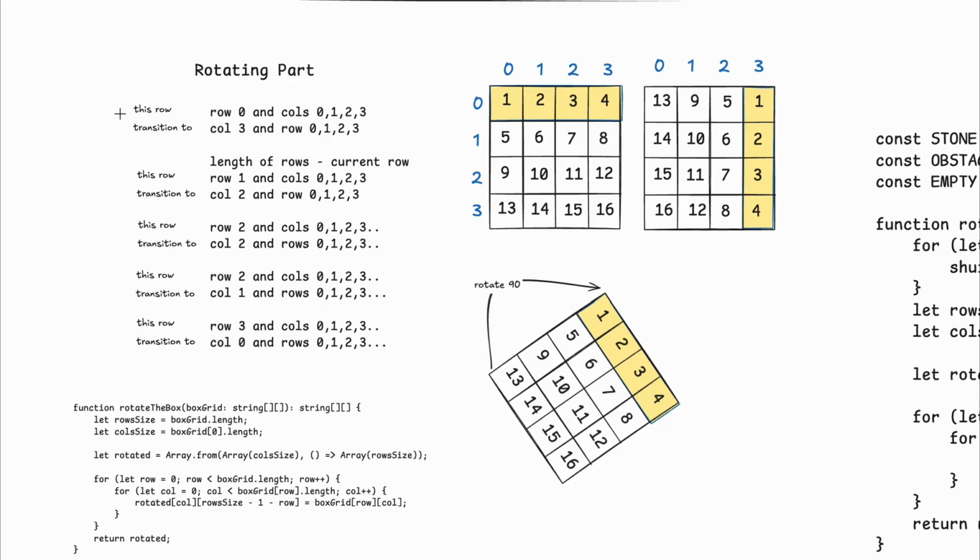We have this row which starts with 0, and the columns which are 0, 1, 2, 3, and we see these changes. Our row 0 and columns 0, 1, 2, 3 transfer to column 3 and rows 0, 1, 2, 3.